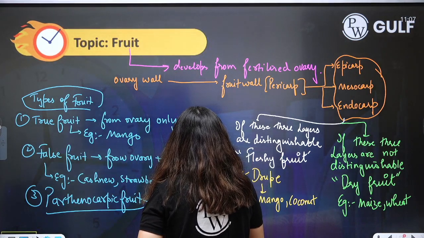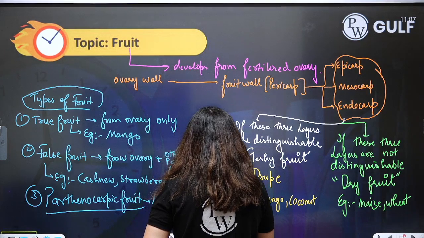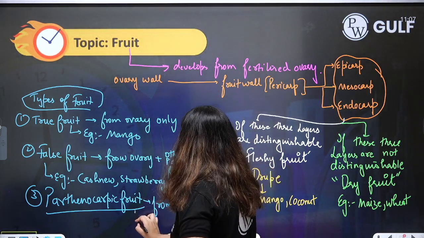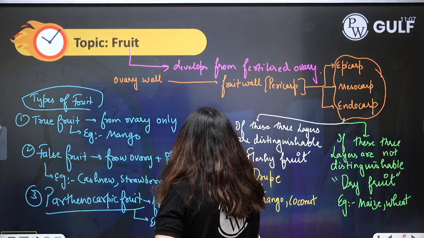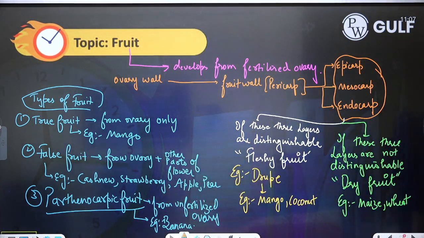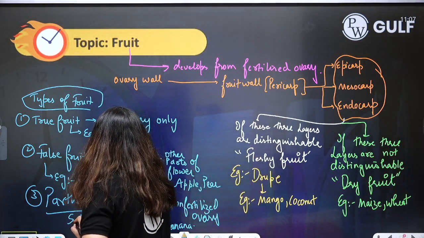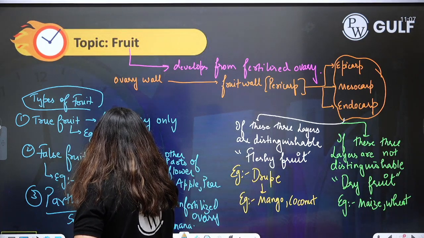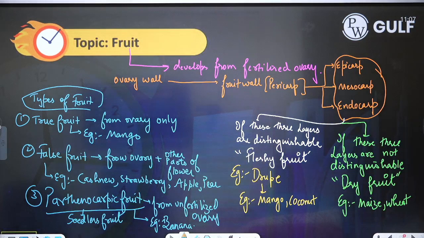So when ovary is unfertilized and it develops into fruit, such fruit is known as parthenocarpic. Example, banana. Banana develops from unfertilized ovary. It is a seedless fruit. So these are the three types of fruit: true fruit, false fruit, and parthenocarpic fruit.